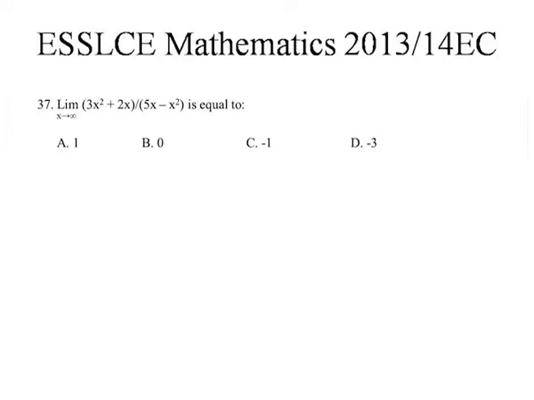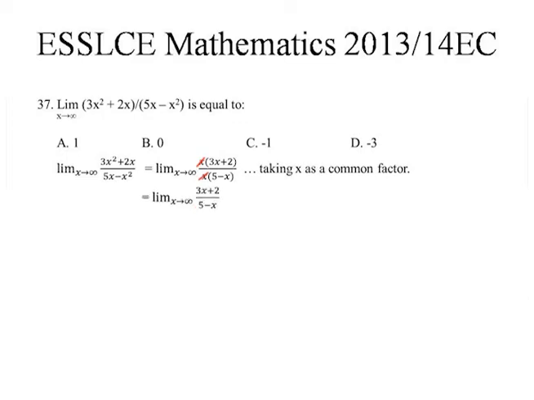Thus, taking out x as a common factor, we will write the expression as limit of x times 3x squared divided by x is 3x plus 2x divided by x, the whole over x times 5x divided by x is 5 minus x squared divided by x is x. Crossing out x, we are left with limit of 3x plus 2 as the numerator divided by 5 minus x as the denominator.